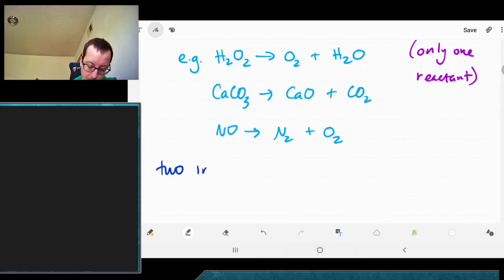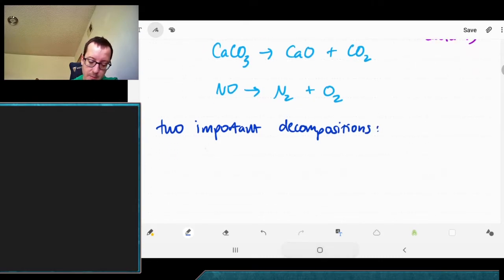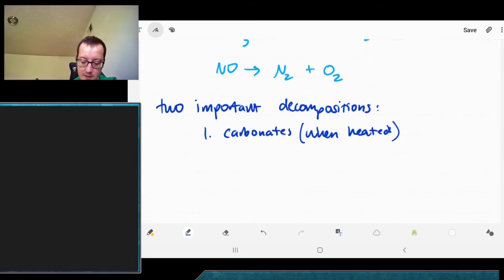So, 2 important decompositions, one of which is going to be carbonates. If you heat up a carbonate, it's going to break off a carbon dioxide and something else.